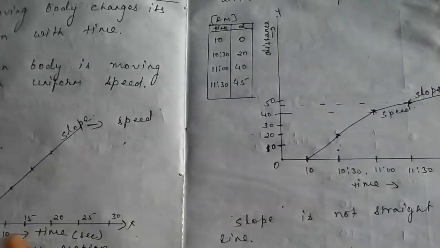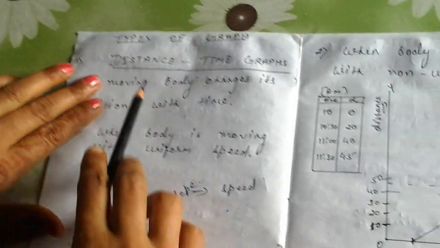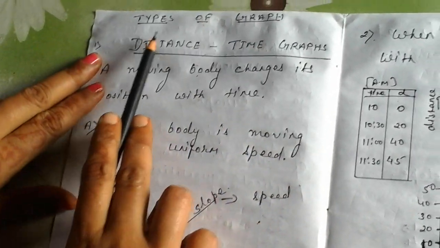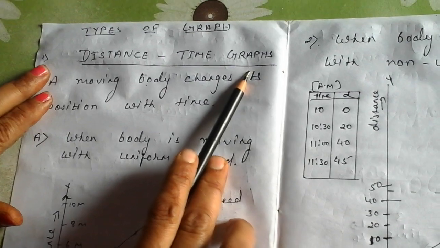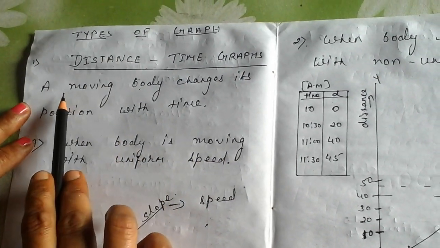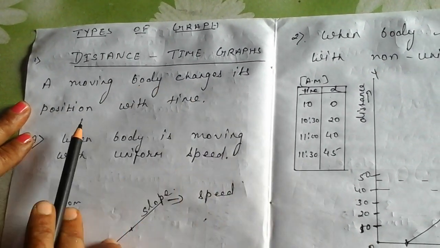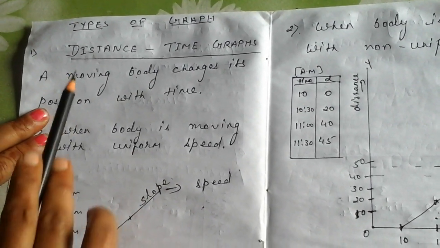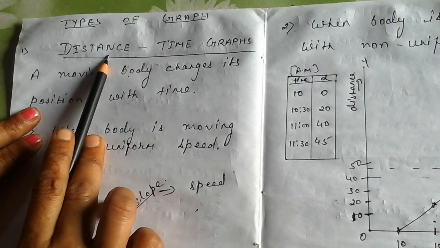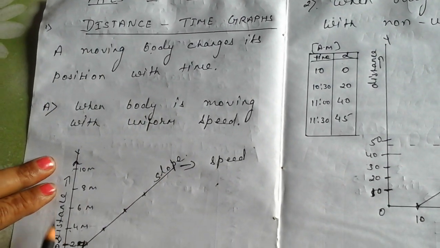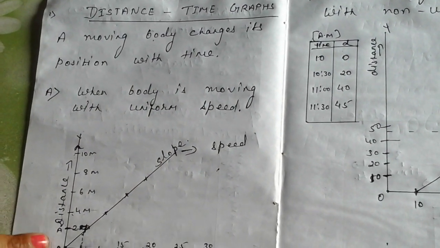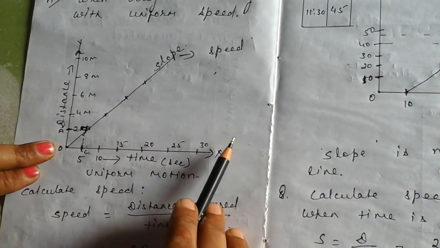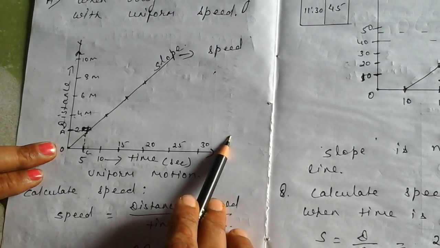Now I'll show you the distance-time graph. Let us start with types of graph, and the first type is the distance-time graph. A moving body changes its position, and if the body changes its position, that means it covers some distance. So let us start. Again, I have drawn the x-axis and the y-axis. Dear students, please do all this on graph paper.